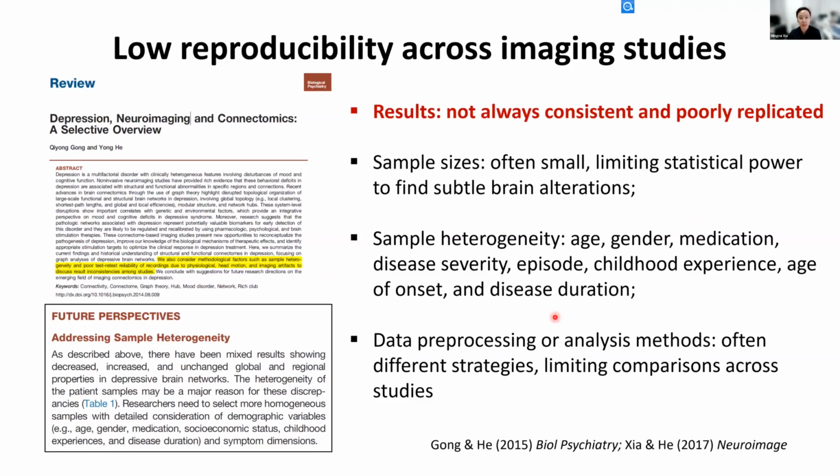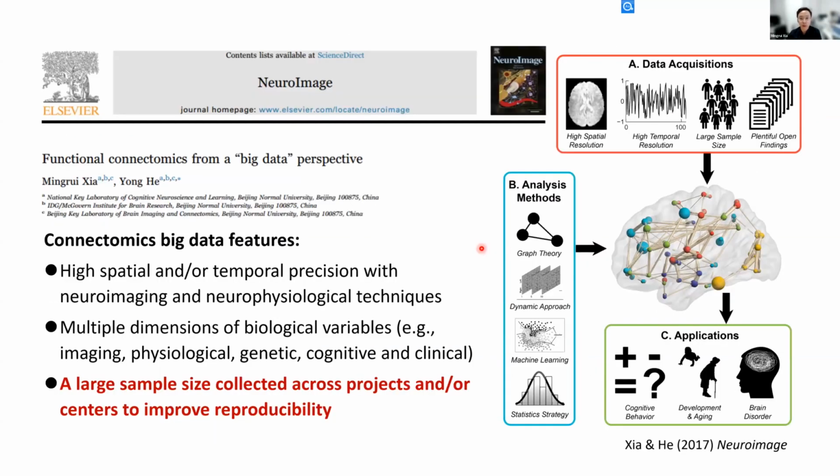In addition, the data processing strategies were also largely different across studies. About 6 years ago, we wrote a review to highlight the importance of imaging big data for conducting functional connectome studies. Particularly, we emphasize that a large sample size collected across projects or centers is greatly valuable to evaluate and improve the reproducibility of MRI studies.